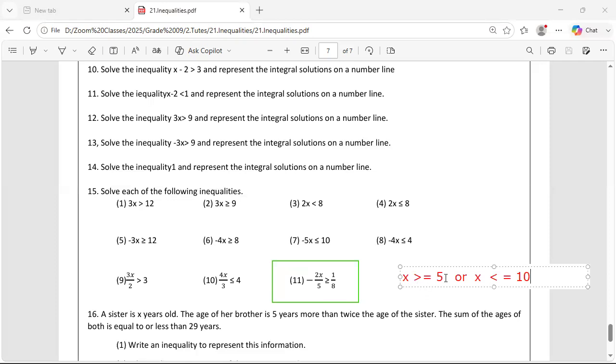You have to send me the answer like this for this 15th question in the mixed exercise, 11th sub part. Please send me the answer. I need to check the answer only with the inequality. Please send it. I want to see who finishes first.